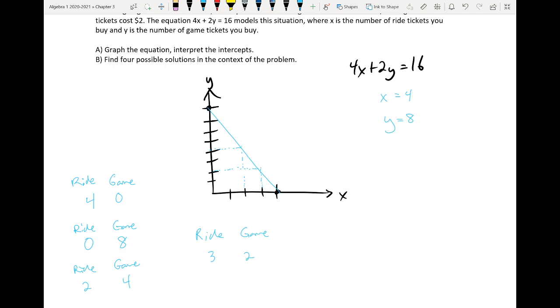Are there more? Sure. I think there are more. Like, for example, ooh, I wonder if this one works. Looks like we could do ride being 5, and game is 1.